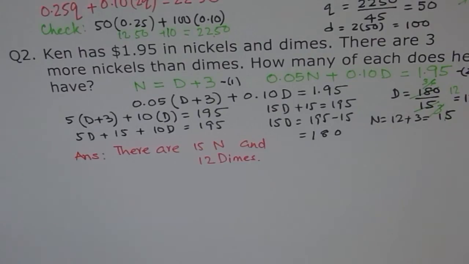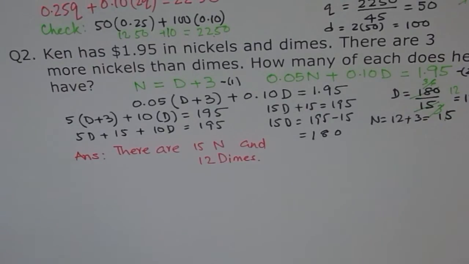Variables should normally be lowercase, but uppercase is also okay. So it is as per your convenience, right? But the important thing is relevance of a variable with the word problem. So N for nickel, D for dimes, and Q for quarters was a very good choice.